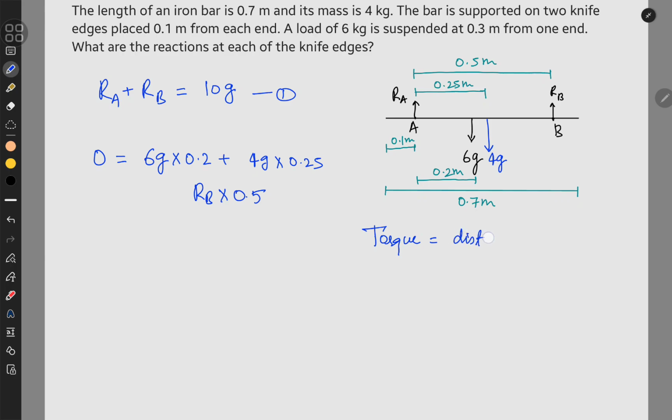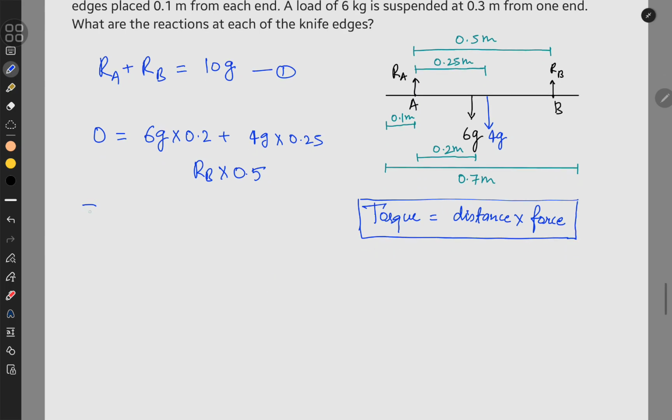We know that torque is nothing but distance times the force, and this distance is the distance measured from the point about which we are trying to determine the torque. Now if we proceed, this will be negative direction because it's acting opposite to the other two.